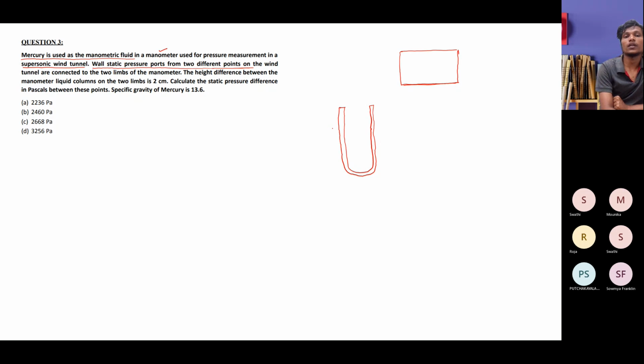This is the manometer that contains the mercury, connected to the wall static pressure at two different points, and across the two limbs, these two liquid columns, we get a difference of around 2 centimeters.